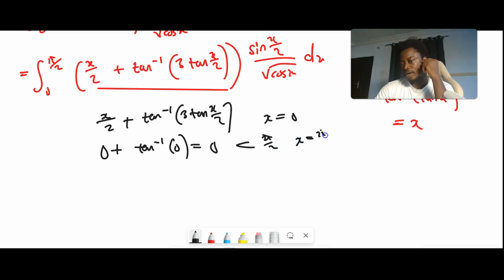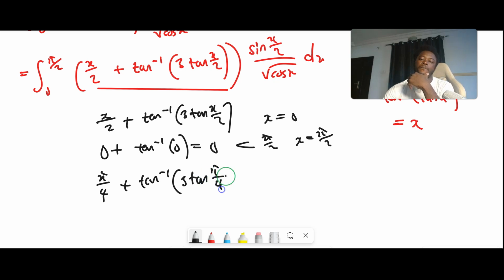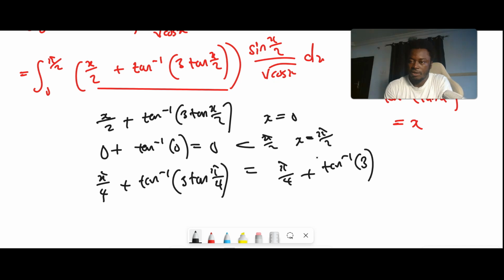What about the extreme end? So x equals pi over 2. Then on this part, you have a pi over 4, and then this part right here, you have a tan inverse of 3 tan of pi over 4. So you have a pi over 4 plus tan inverse of 3. So let's check the calculator and see.